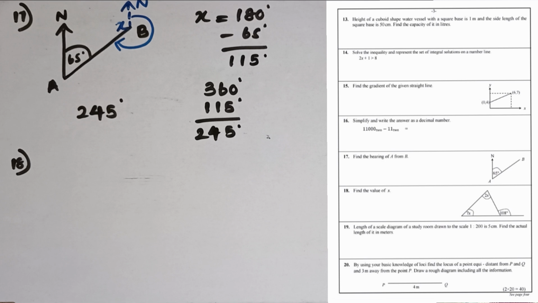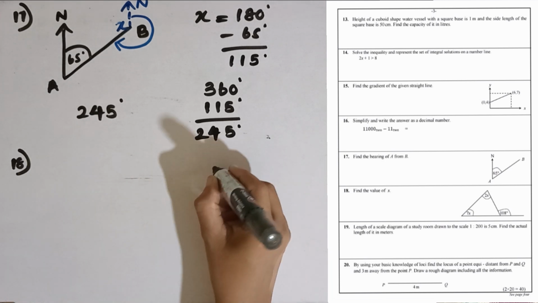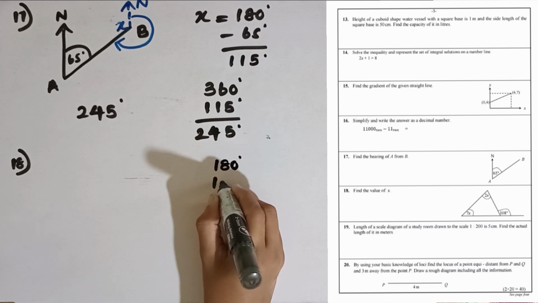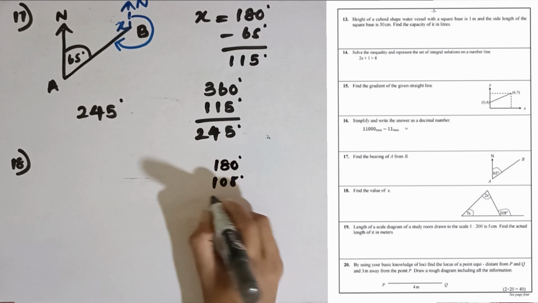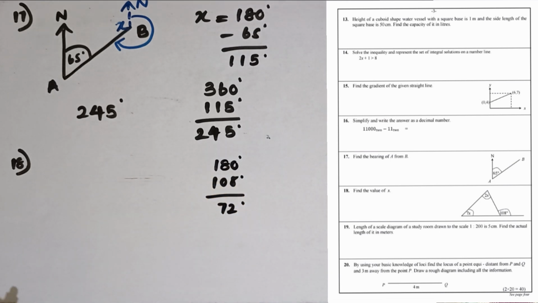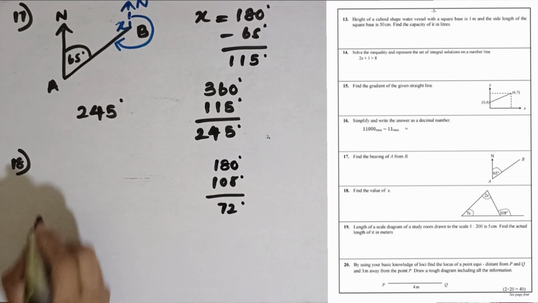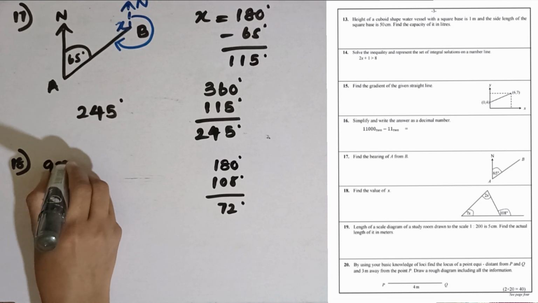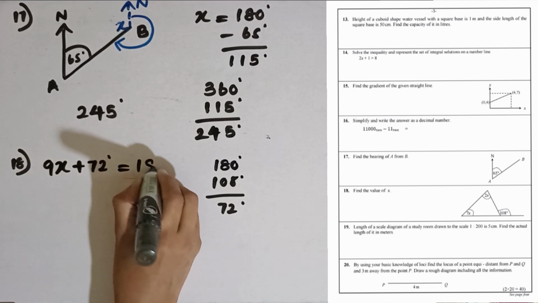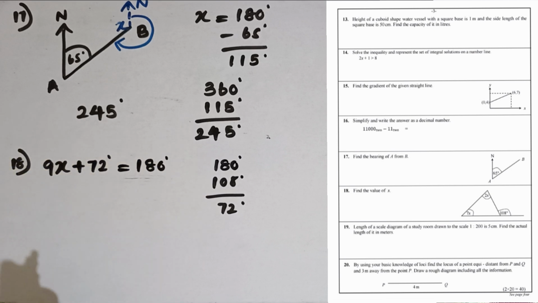The supplementary adjacent angle of 108, by subtracting 108 from 180 degrees. So the magnitude here is 72. Now the other two angles, 2x plus 7x is 9x. Then 9x plus 72 degrees equals 180. The sum of the interior angles of a triangle.